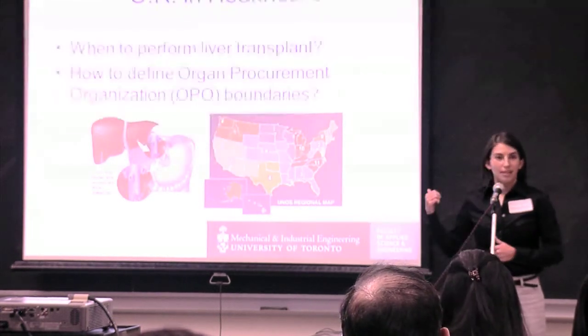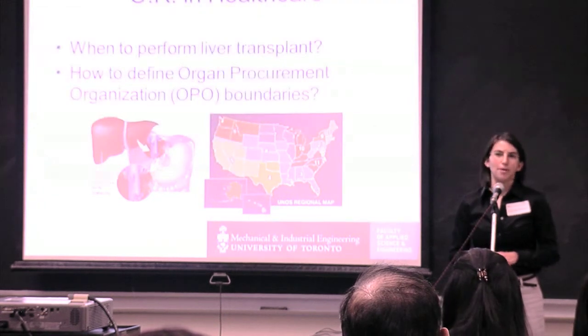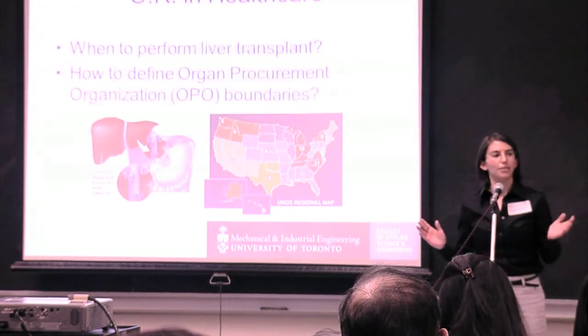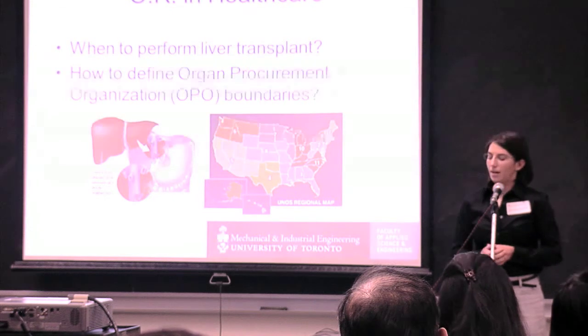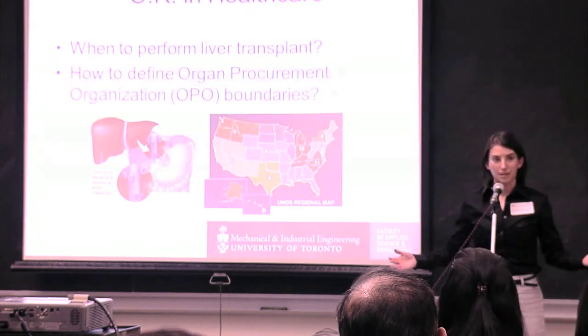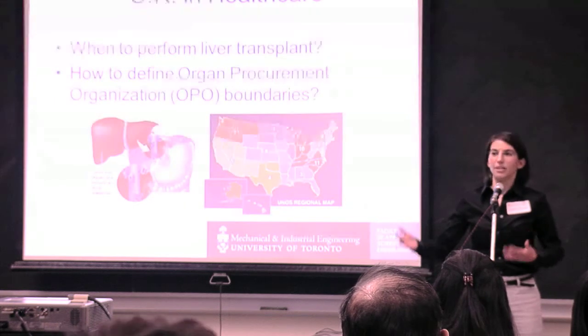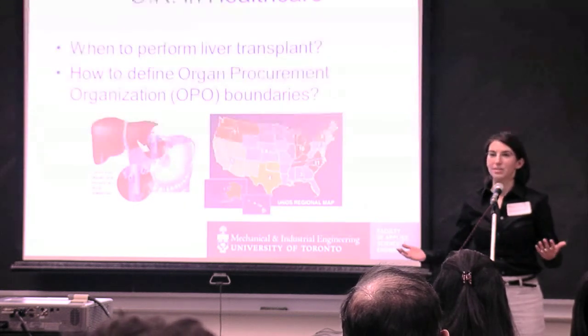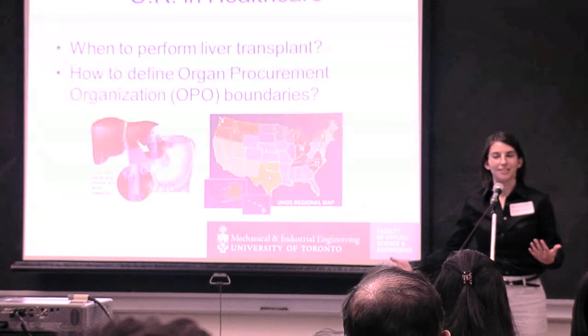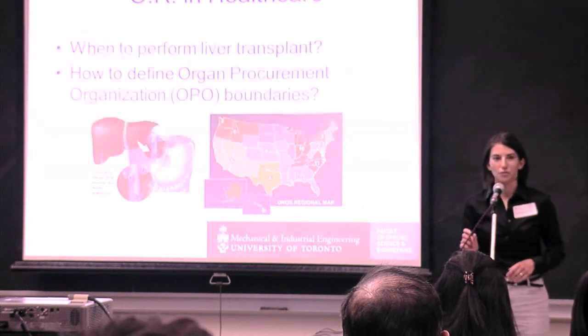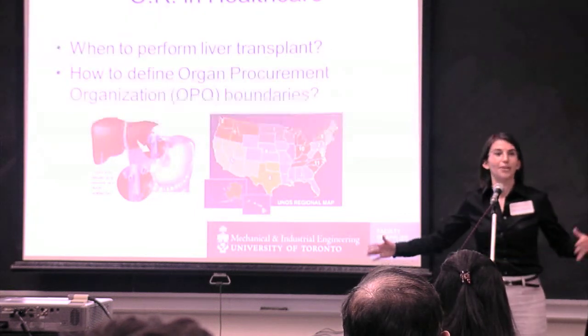But some industrial engineers took a look at the problem and said, let's take a step back. What are we really trying to do here? We're trying to maximize the total amount of life that the person has left, adjusted for quality of life, because we don't want a long life that's not high quality, or only a very short life that's very high quality. We want everything.